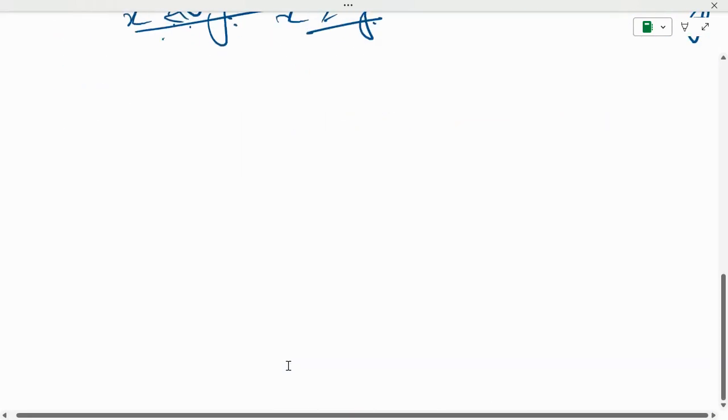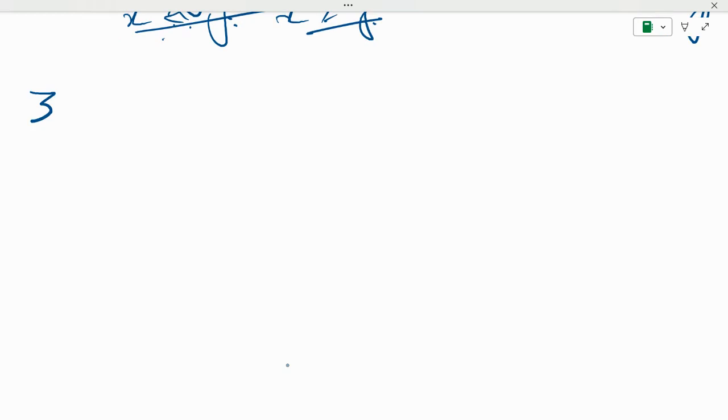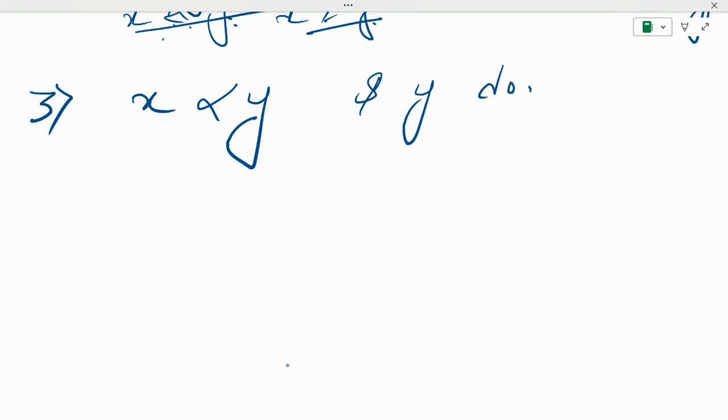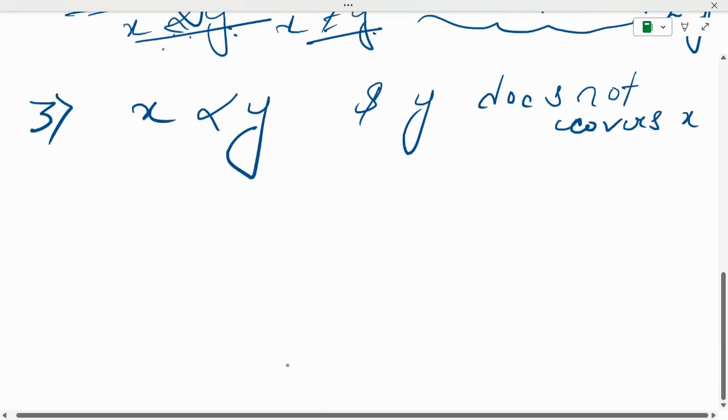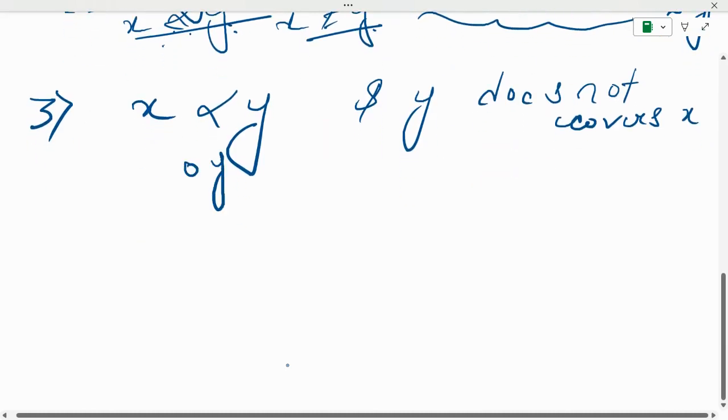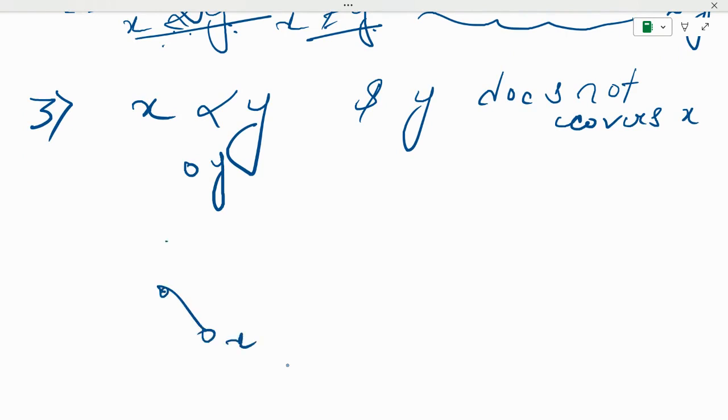Okay, and the third thing is x has an associative relationship with y, and y does not cover x. If we say y does not cover x, what does that mean? This condition we are not implementing. So it can be something like there is a y, there is an x, and there can be a lot more elements in between them.